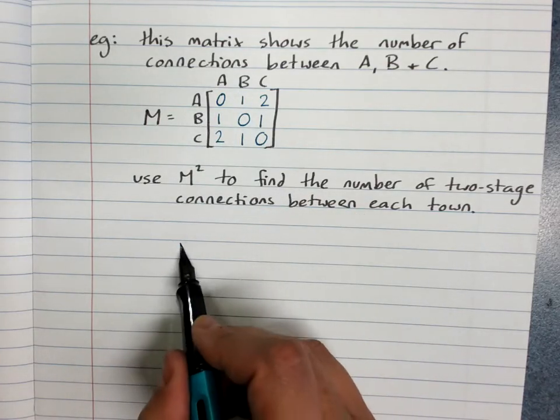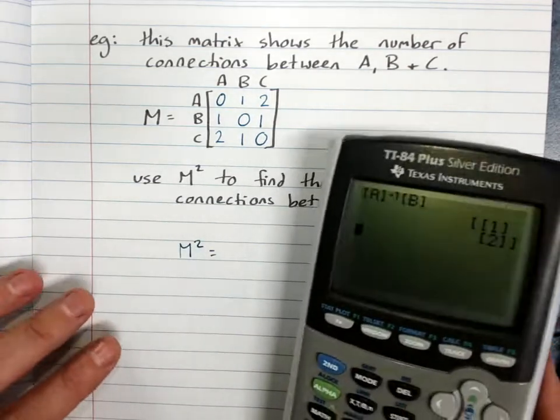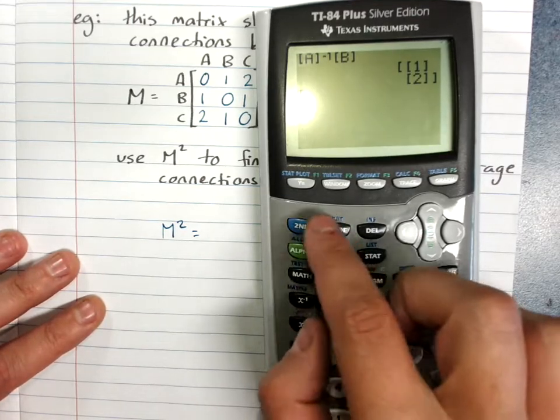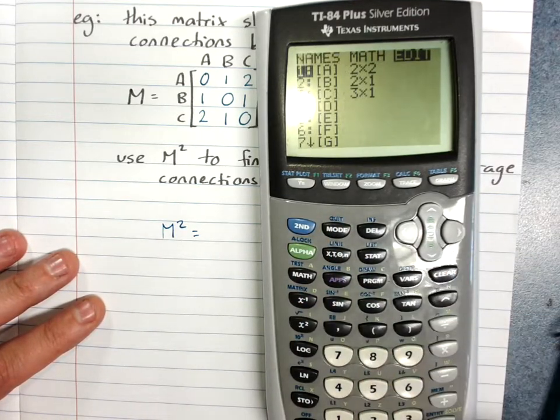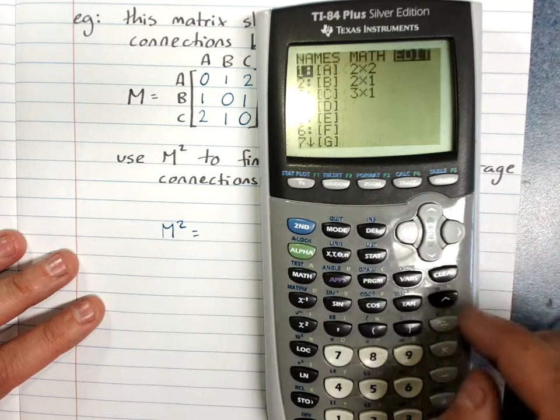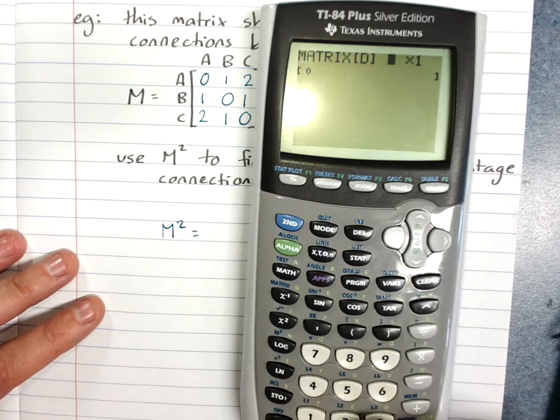So to find m squared, all you do is once again enter this matrix into your calculator. We might as well use one we haven't used before. This is a 3 by 3 matrix.